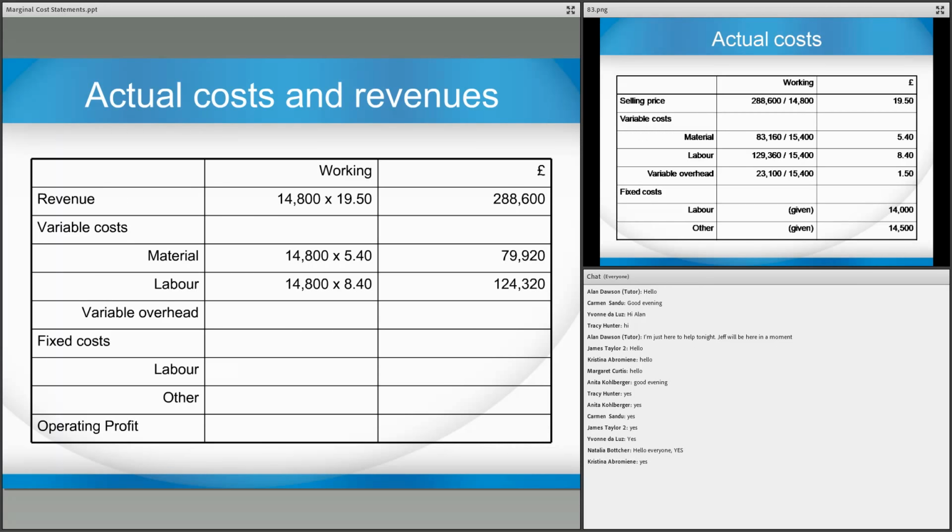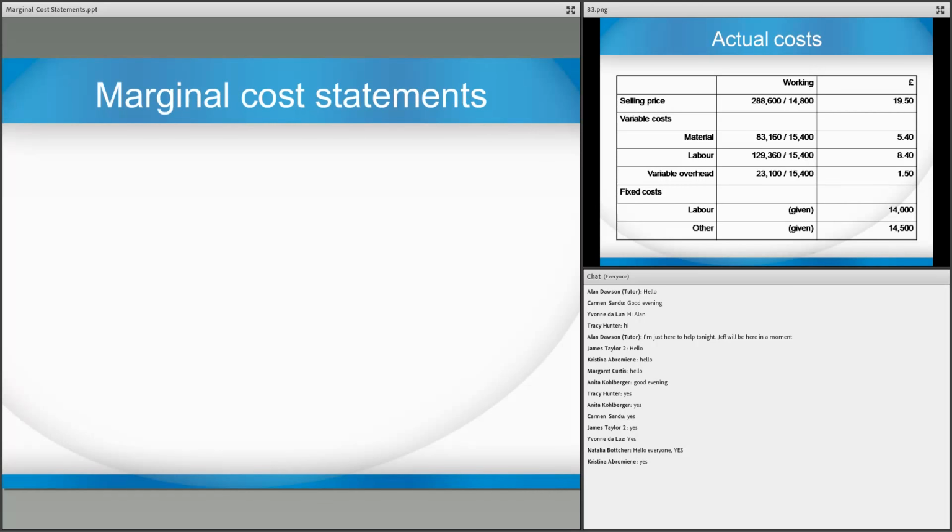Labour, 14,800 by 8.40, 124,320. The variable overhead, 14,800 by 1.50, 22,200. And our fixed costs are written off entirely in the period. And now we can work out an actual profit on the 14,800 units sold, and that comes out at 33,660.